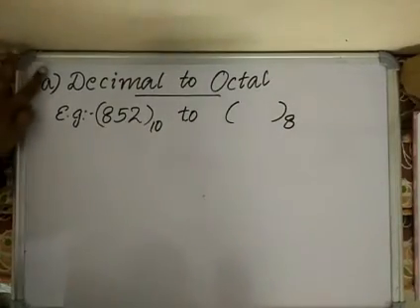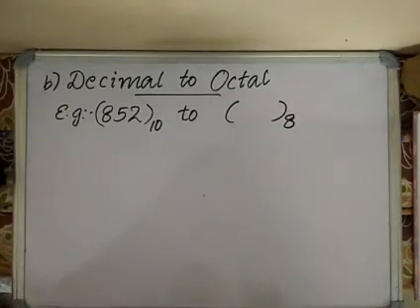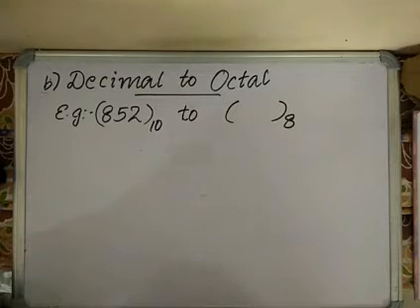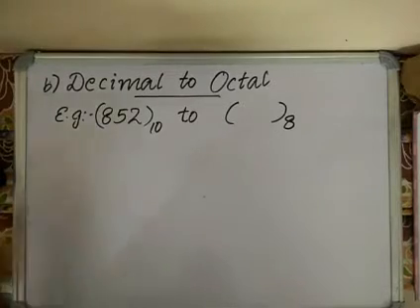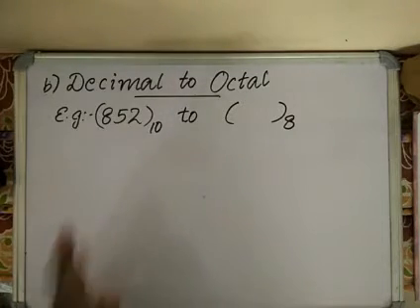Second is the decimal to octal conversion. Here also the procedure is the same, but the only difference is that the radix or base is 8. So we divide the number and successive quotients by 8 and accumulate the remainders for the integer part of the number, and for the fractional part we multiply the number by 8.